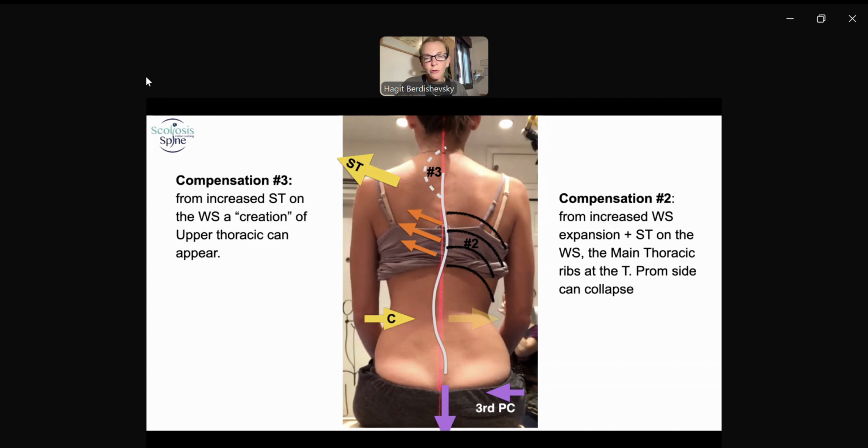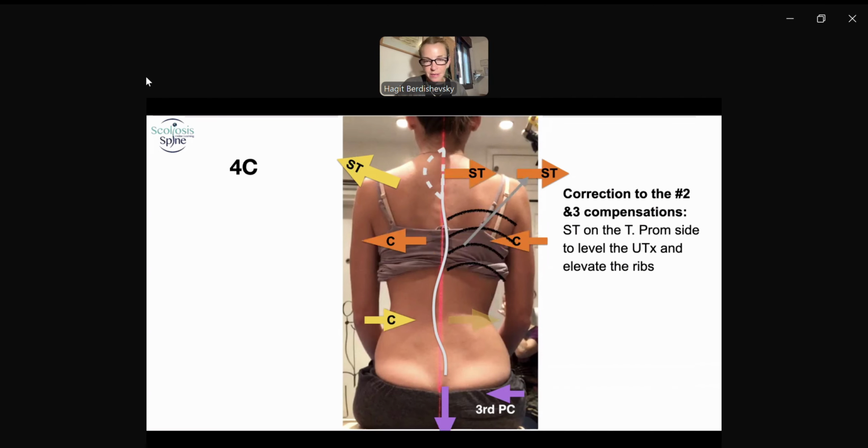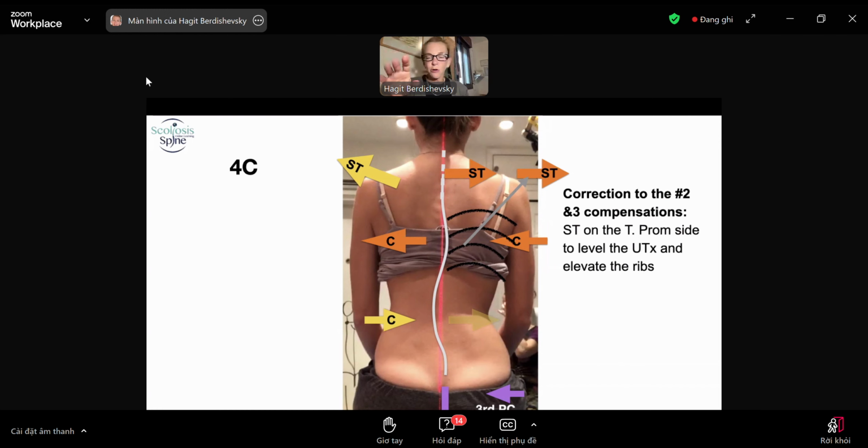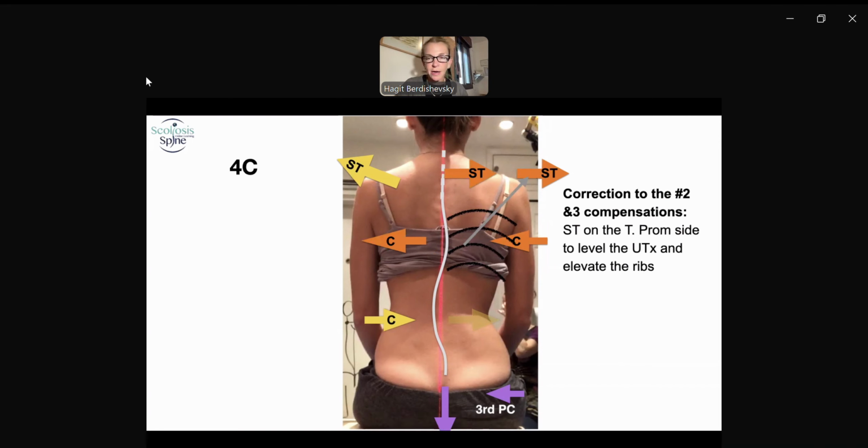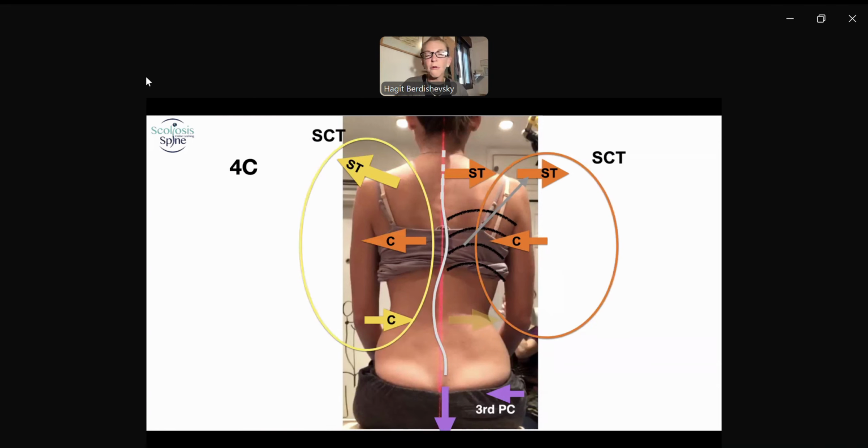So in order to lift the ribs and correct the upper thoracic, we will do the shoulder counter traction on the thoracic prominence side, the orange color. So this is the story about the compensation and the shoulder traction, shoulder counter traction.